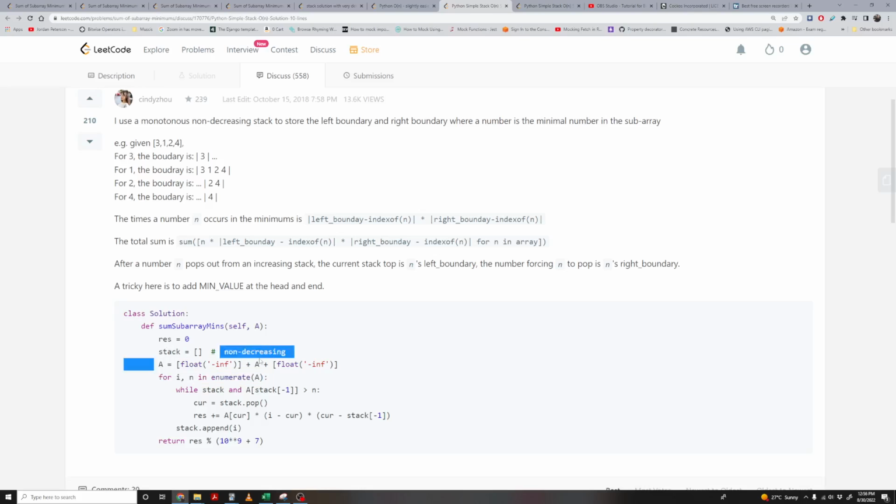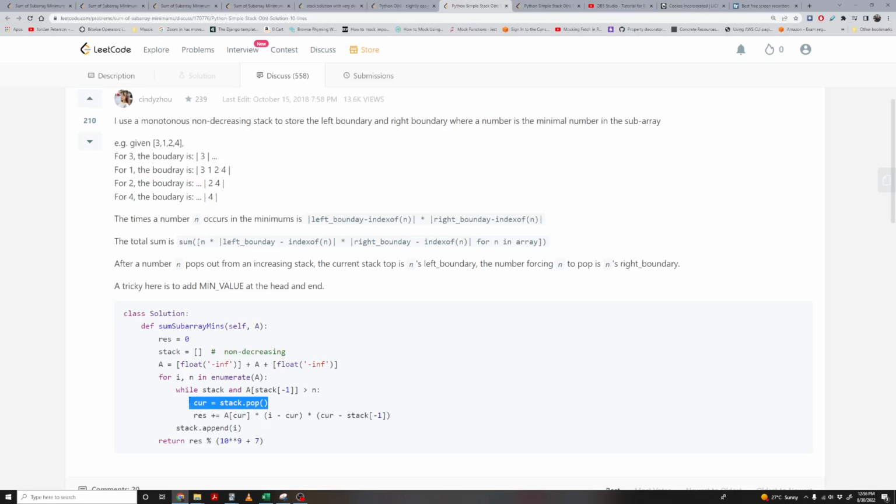Here is the start. She added infinity to both ends, then she starts to travel. Each number she sees, she adds to the stack. However, if the number we see is less than the last value in the stack, we pop that value. And for this popped value, here is the key.